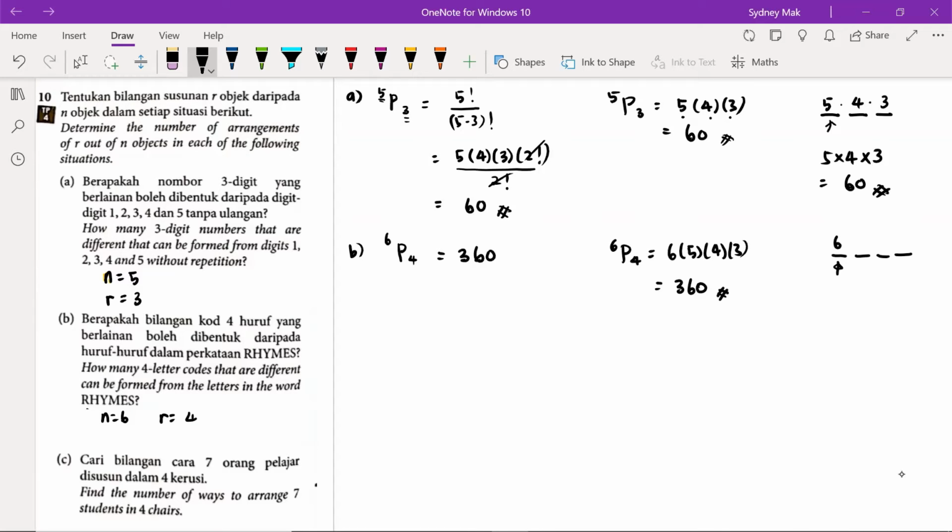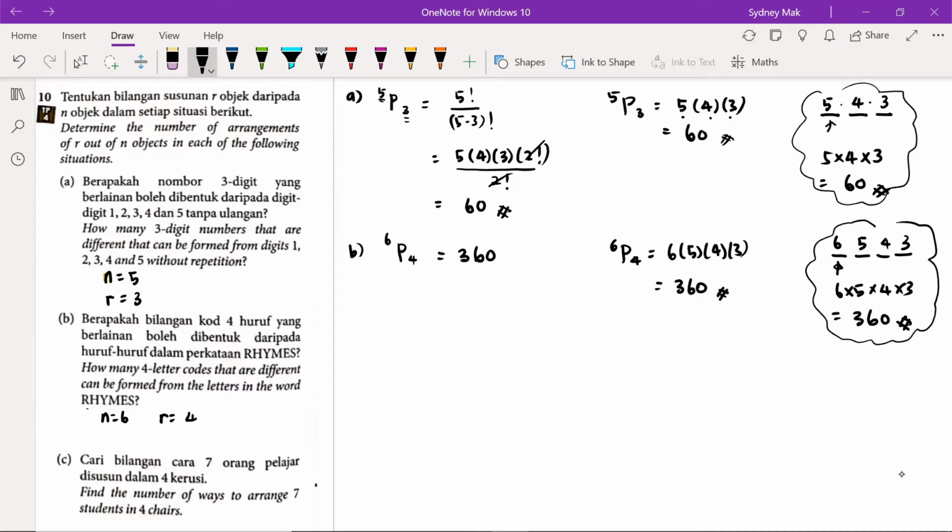After 1 letter is put in, we're left with 5 choices, then 4 choices, then 3 choices. Therefore, the number of ways that we can form the 4-letter code is 360. The slot method is very useful, especially when the arrangement has certain conditions, so I would use that more.